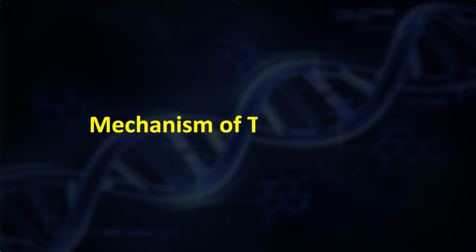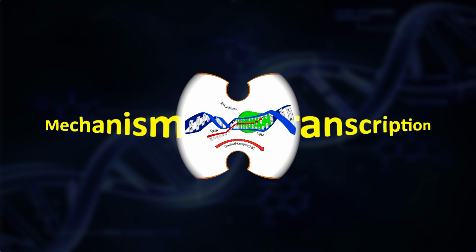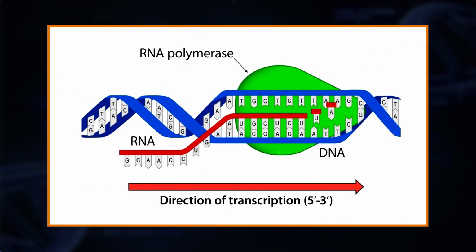Dear students, let's now talk about the mechanism of transcription. Transcription creates a single-stranded RNA molecule from a double-stranded DNA molecule. Therefore, only the information in one of the strands is transferred into the nucleotide sequence of RNA.